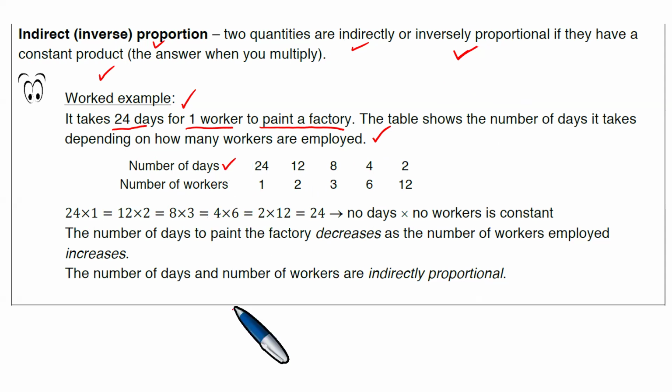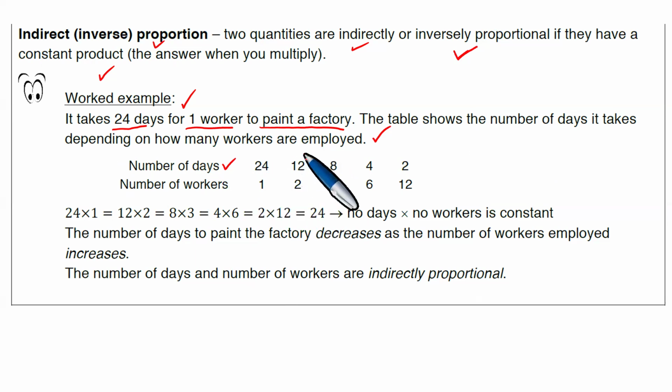The number of days are 24 days, 12 days, 8 days, 4 days. For 24 days, the number of workers is 1. So if there are 24 days, only 1 worker can paint the factory.